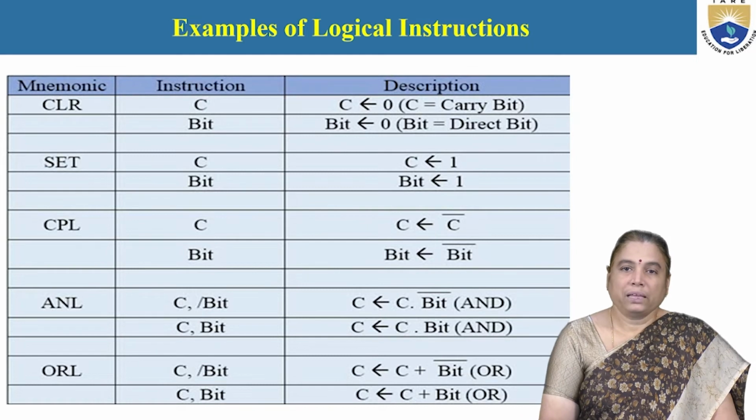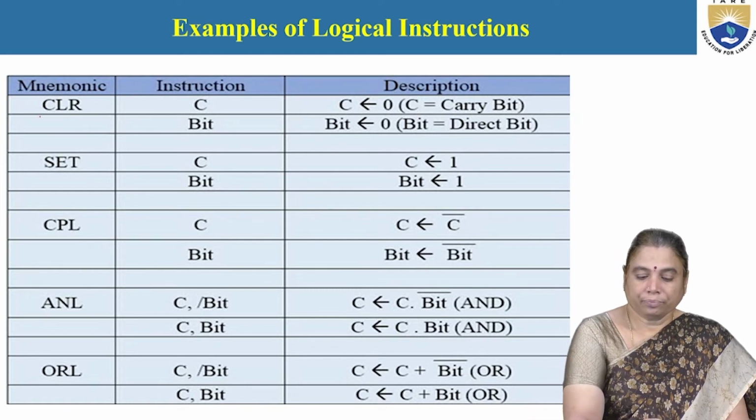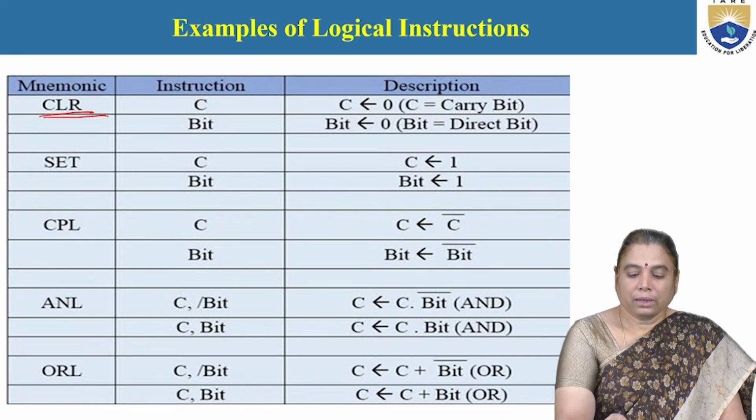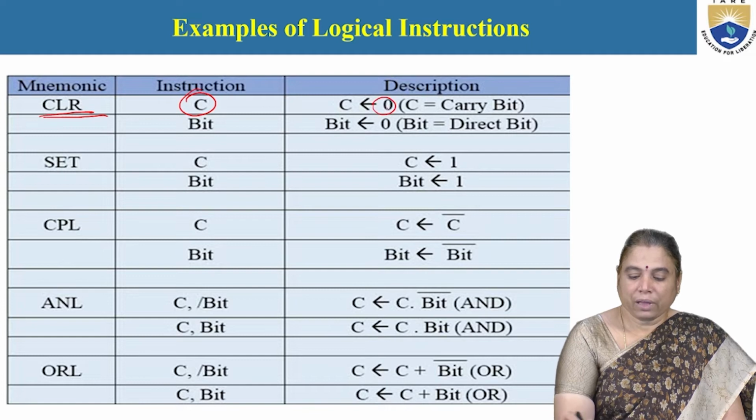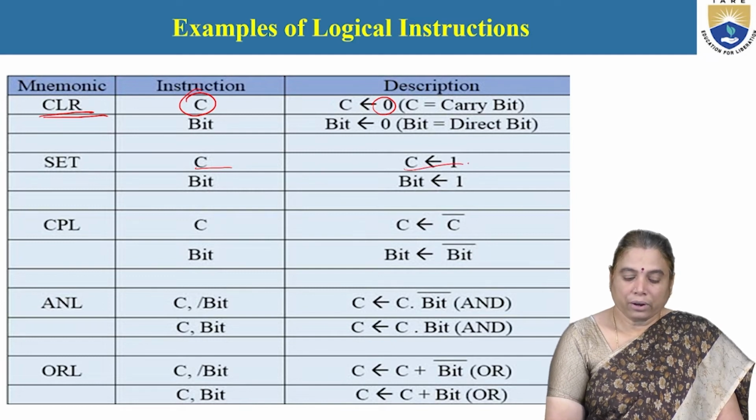Now, how to apply these logical micro operations. So clear: on the register C, a 0 value has to be stored. Next, set C: C is equated to 1.